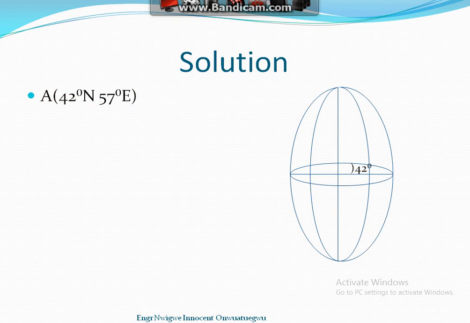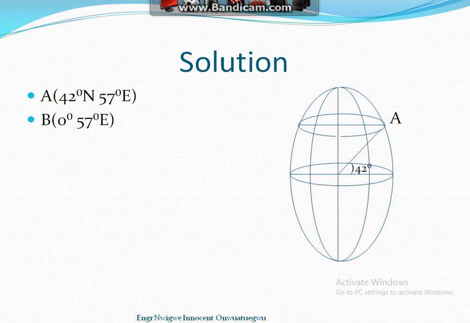Then we use a ruler to join it to the small circle at point A. Then we have our point A as (42 degrees north, 57 degrees east), and our B is (0 degrees, 57 degrees east).